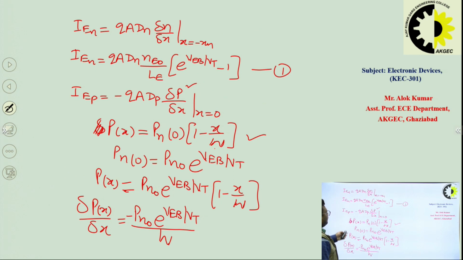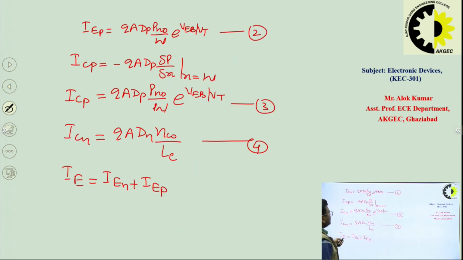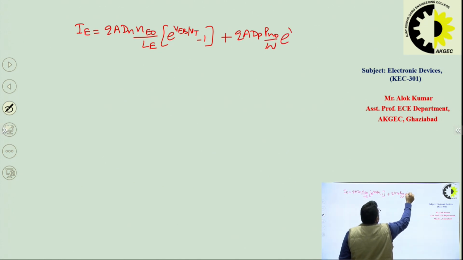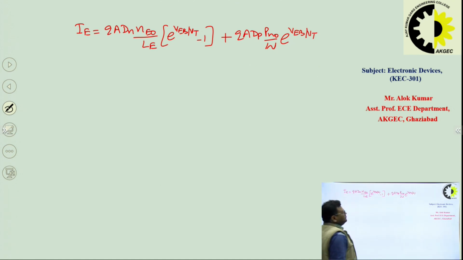This is from equation number 1, and equation number 2 is IEP is equal to Q into A into dP into Pn naught upon W into e to the power VEB upon VT, right? Now we can modify this equation.